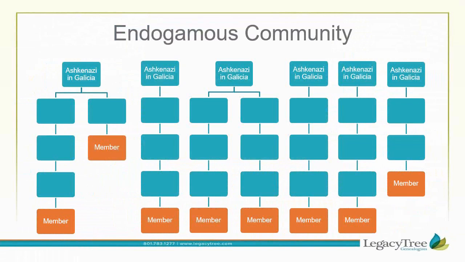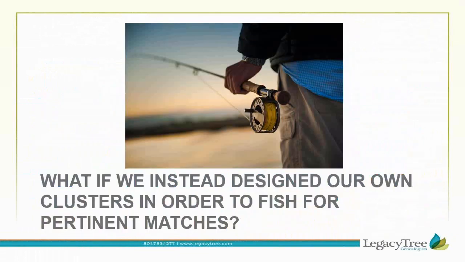And so today I'm going to talk a little bit about a different approach to genetic clustering centered around known ancestral, known genetic cousins, known relatives, and leveraging that known information as bait in order to fish for the genetic cousins that we really need in order to solve our research questions.